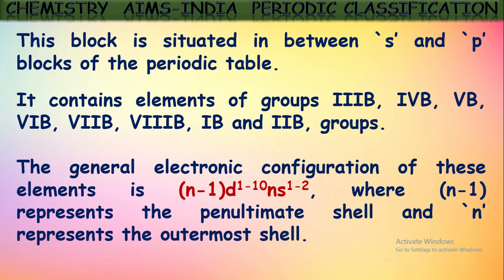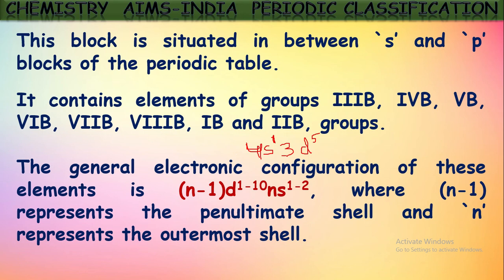For example, if we take chromium, the valence electronic configuration will be 4s1 3d5, because as per Hund's maximum multiplicity rule, to become more stable, one electron jumps from 4s to 3d, so it becomes 4s1 3d5 instead of 4s2 3d4.